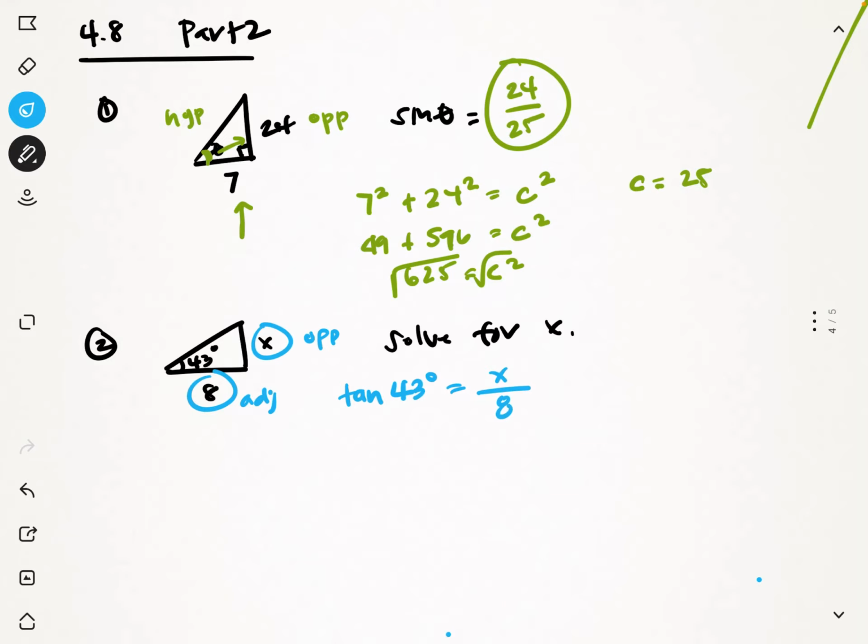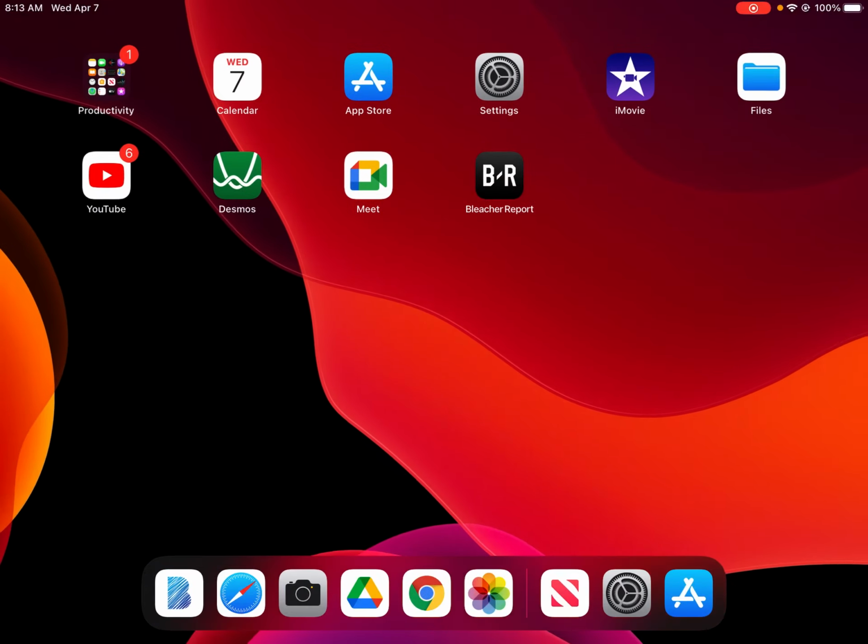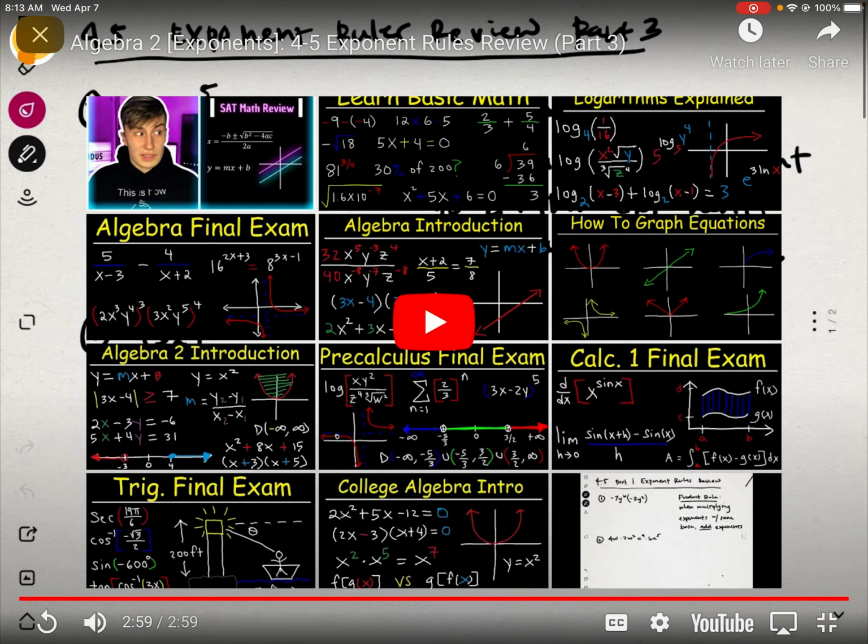And then we're going to use our calculators here. Well, we're going to do some algebra first, but then we're going to end up using our calculators to find our x. So on your calculator, make sure you're in degree mode. Make sure your degree is highlighted. In fact, let's go to this calculator here.